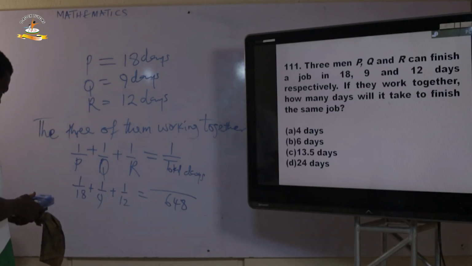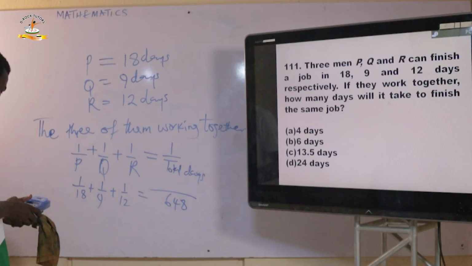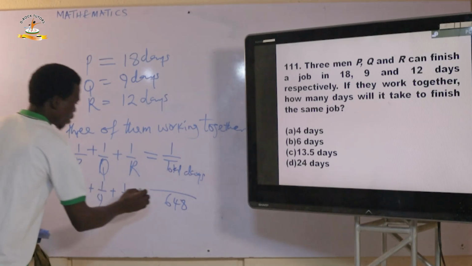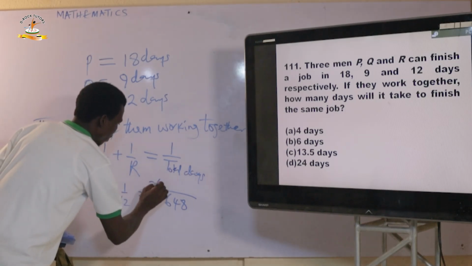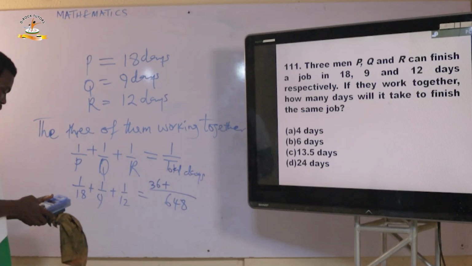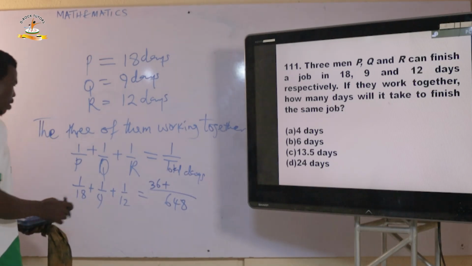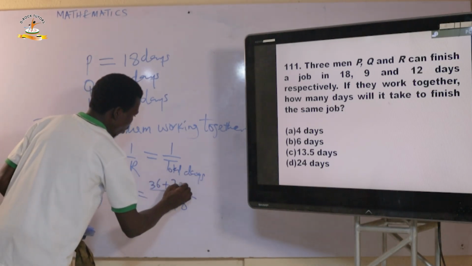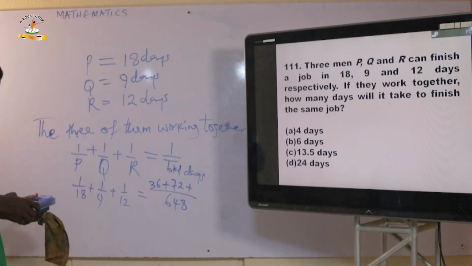Then let's see, 648 divided by 18. This is 36, times 1 is 36, plus 648 divided by 9, 72 here, plus 648 divided by 12.